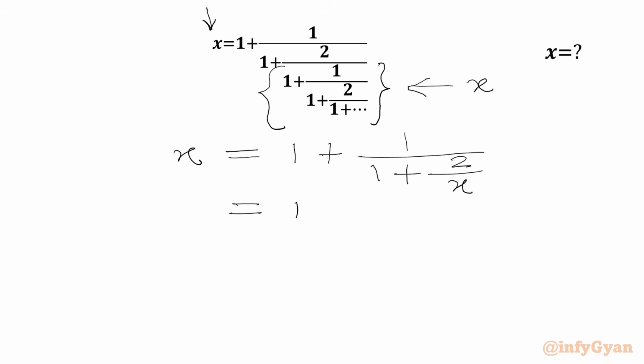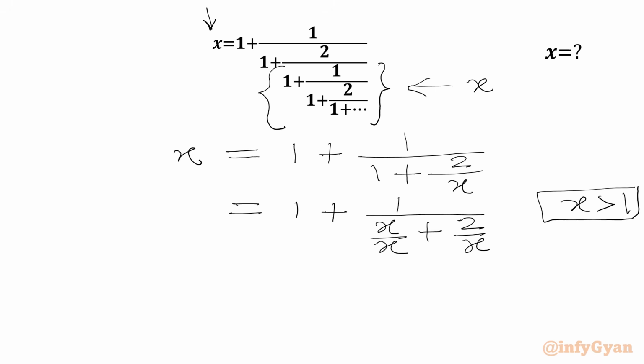which will be written as 1 plus 1 over. This one we can write x over x. Then we have 2 over x. x is greater than 1. Now we will write equal to 1 plus 1 over x plus 2 over x.